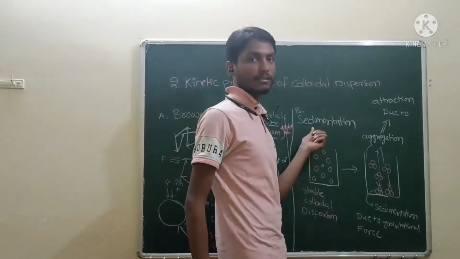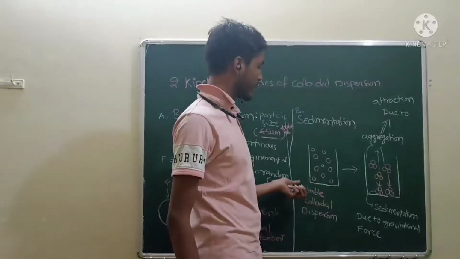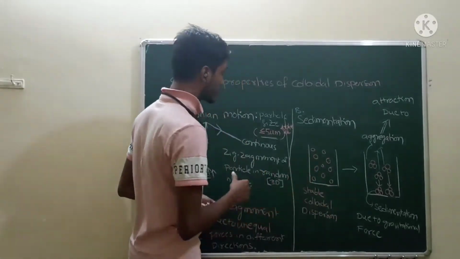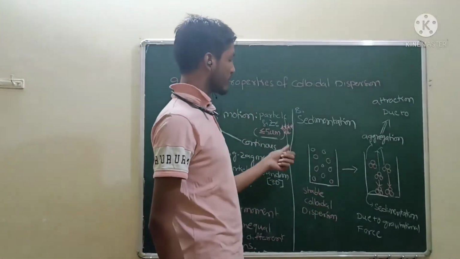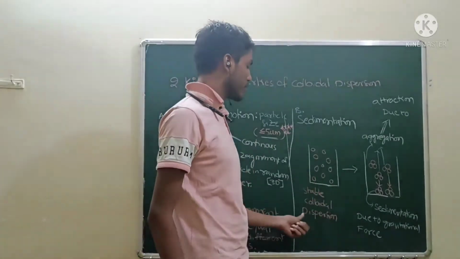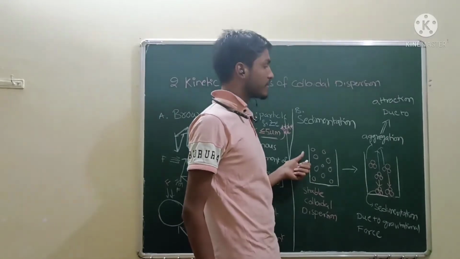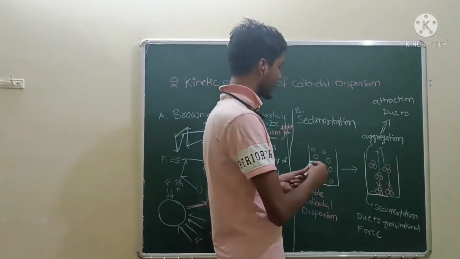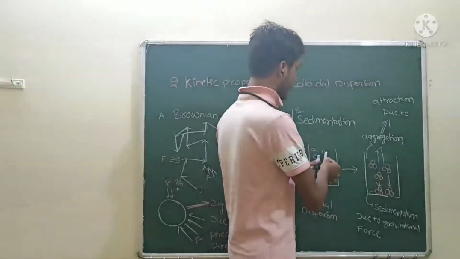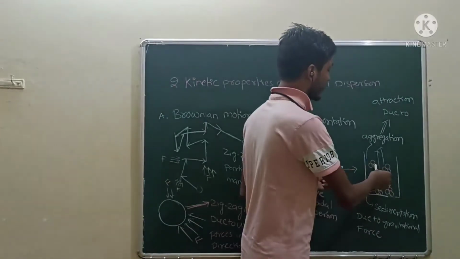Next one is sedimentation. See, this is a stable emulsion, a stable colloidal dispersion. The stable colloidal dispersion is due to the Brownian motion of the particles. So what will happen? In some cases, there is an attraction between the particles. See what will happen? The particles combine, 1, 2, 3.